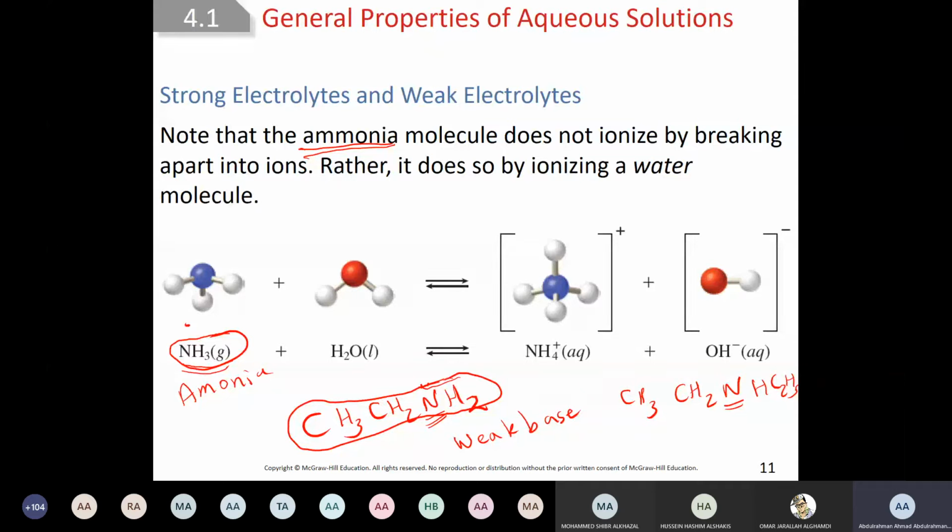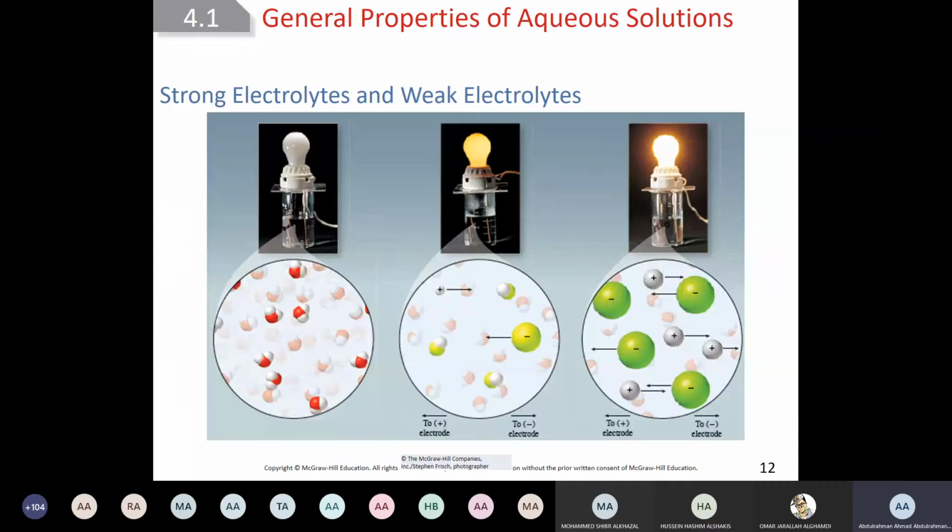Anything that contains nitrogen is considered to be a weak base. Good. This is the difference between non-electrolyte, this is weak electrolyte and this is strong electrolyte. What's the difference?